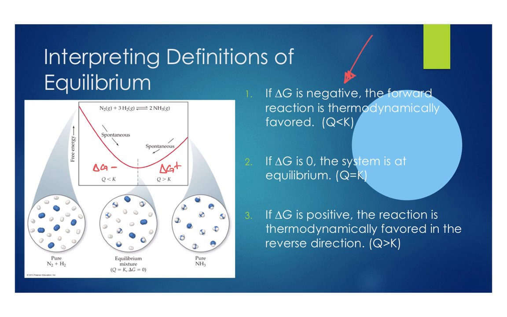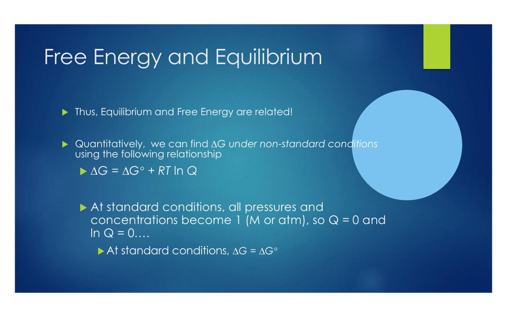These equate with the situations where Q is less than K and Q is greater than K, which then leaves us with the last situation, which is if delta G is 0, the system is at equilibrium, which is also the situation that we have if Q equals K. Thus, what we've come up with then is an idea that relates equilibrium and free energy to one another.